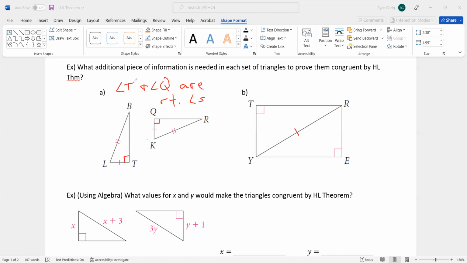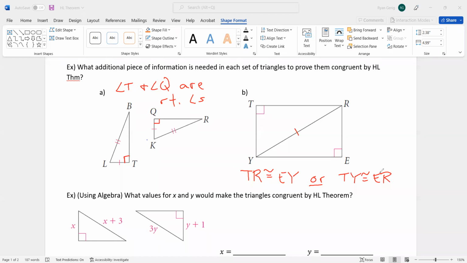So we could have either TR congruent to EY, or TY equal to or congruent to ER. All right. You don't need both. You just need one, and then you would have HL theorem.